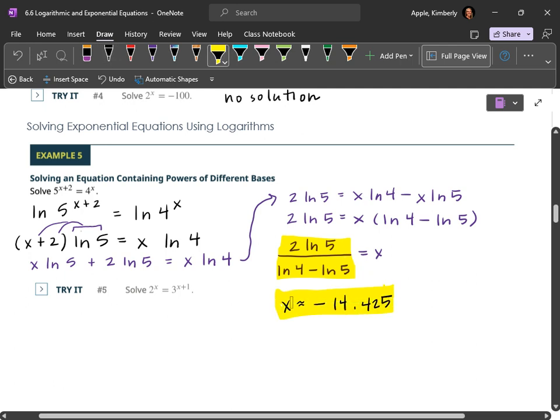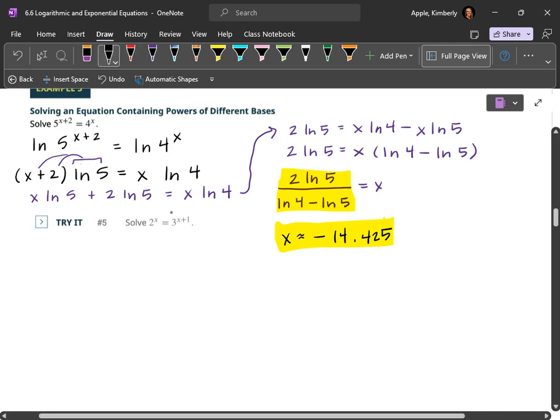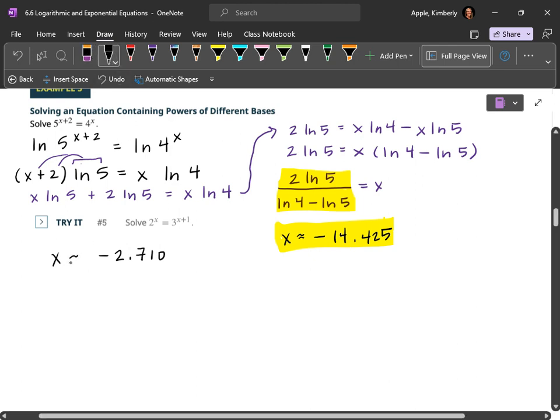One is just the exact answer and one is the approximated answer. So if you want to try number 5, try that same trick by taking the natural log of both sides. And ultimately, you should obtain an approximated value of negative 2.710. Darn it, I keep forgetting to make those squiggly equal signs to show that that is the approximate value, not the exact.